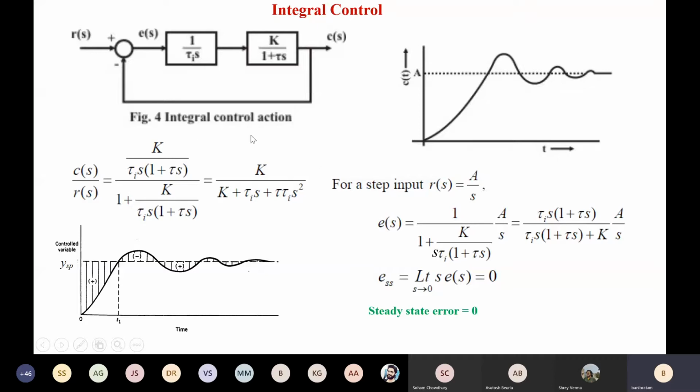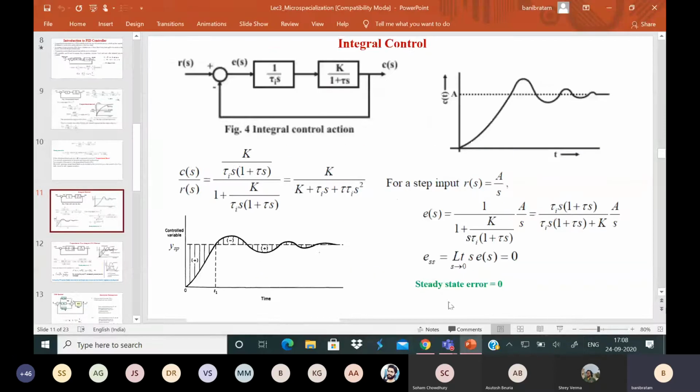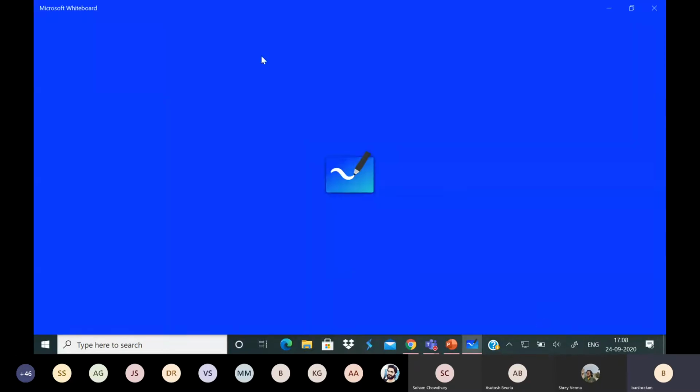Okay. So if I consider this particular closed loop transfer function, so then if I calculate C(s) by R(s), we have discussed that in the previous day's class as well, how the transfer function looks.